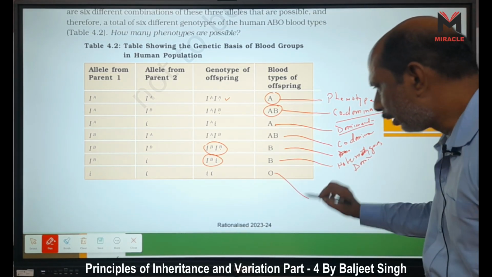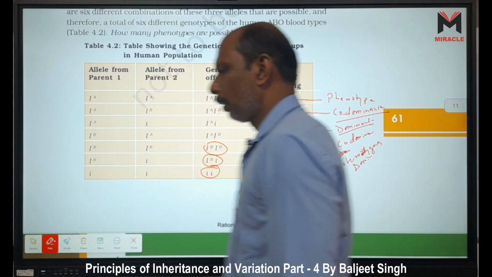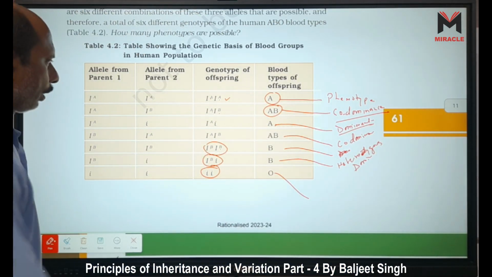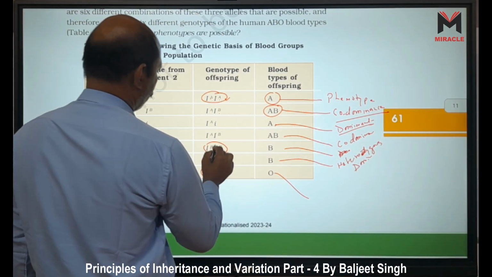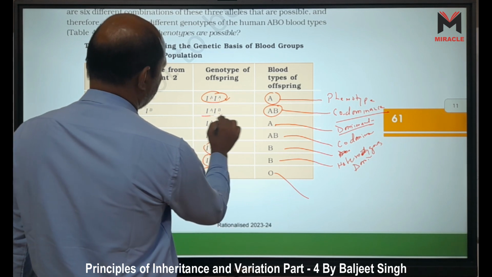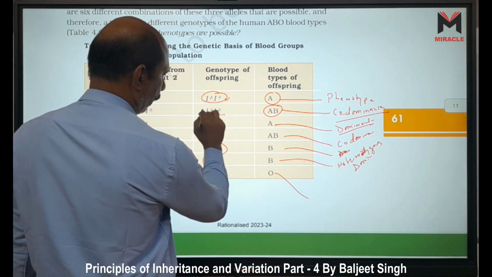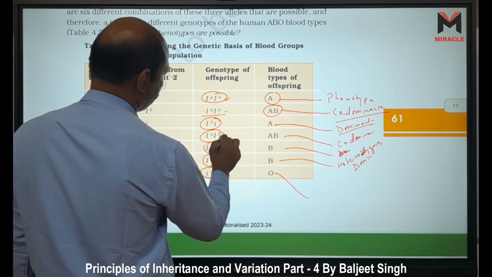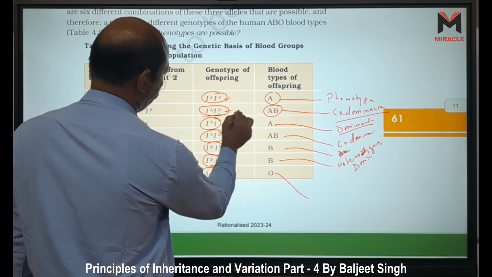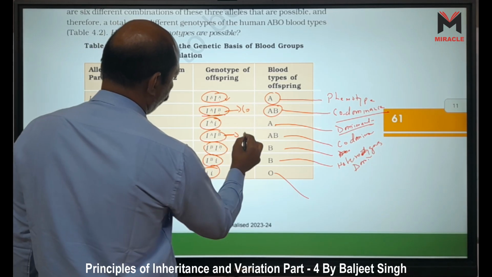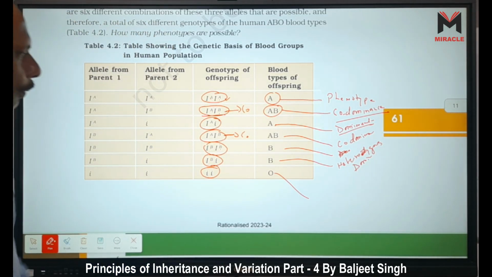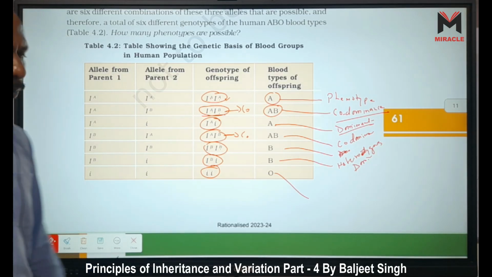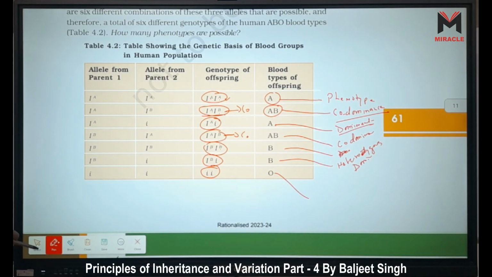O means it is homozygous. This one is heterozygous, AB, and codominant. These show codominance because both produce their polysaccharides. Okay, now come to the next.